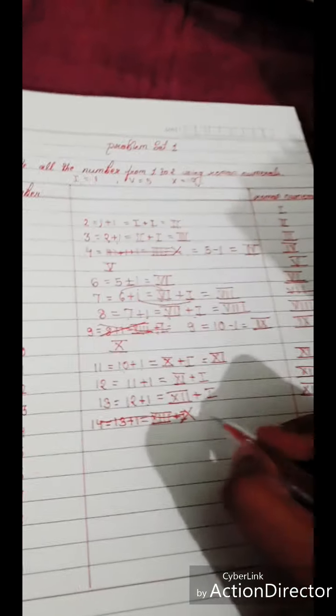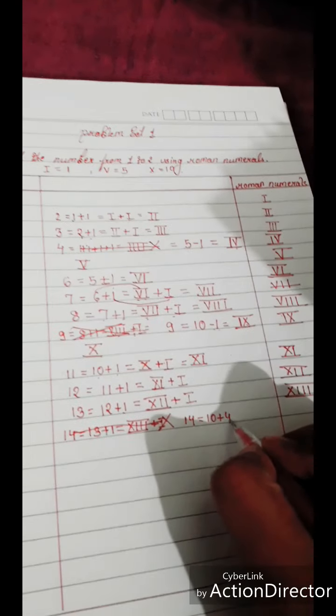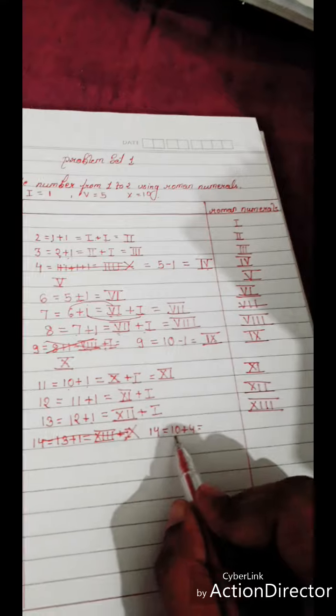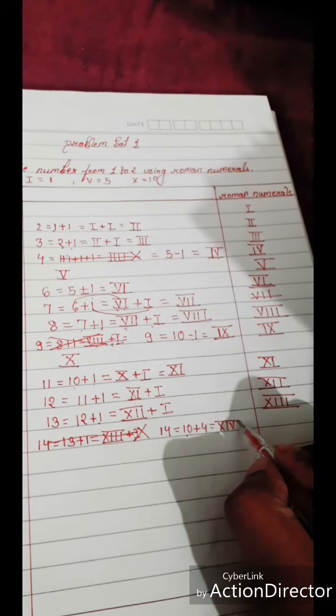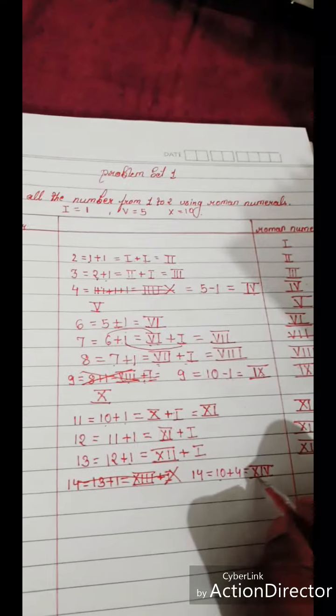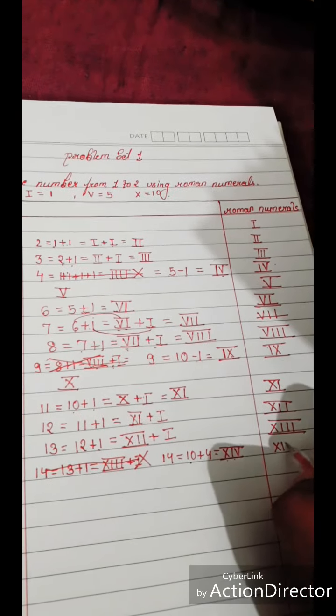14 in this way also we can write: 14 is equal to 10 plus 4. 10 will be indicated as X. 4 is IV, we have learned that. It will become XIV. So 14 we can write XIV.